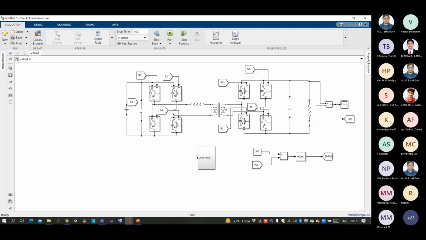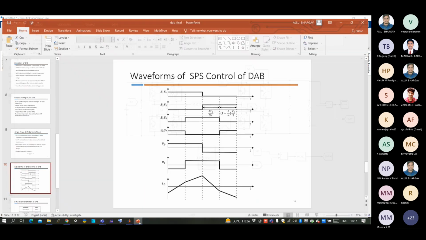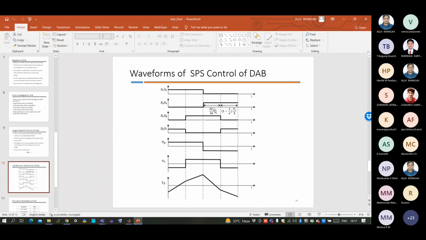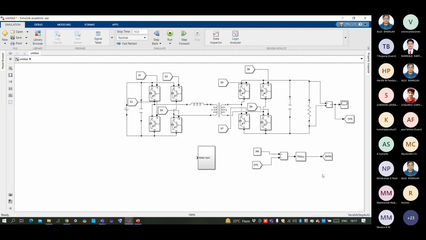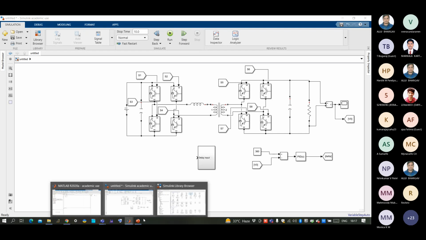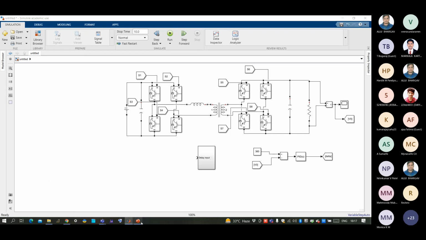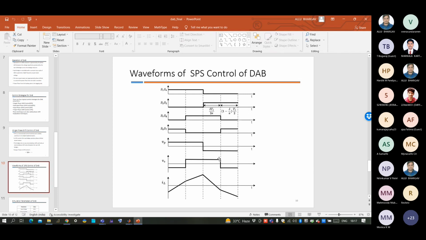So what do you mean by this delta? If you observe my PPT here, the delay will be delta Ts by 2 pi. Here Ts and 2 pi will be apart, and this delta will be generated. What is the delay? The delta will be generated by this PI controller. So from delta we need to calculate our delay. After generating the delta, I need to multiply this by Ts by 2 pi.